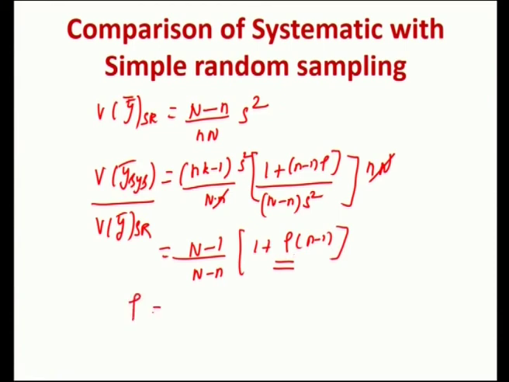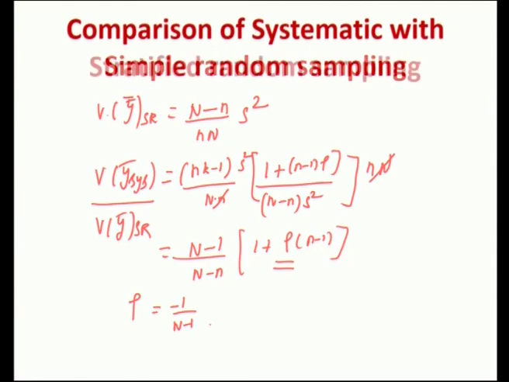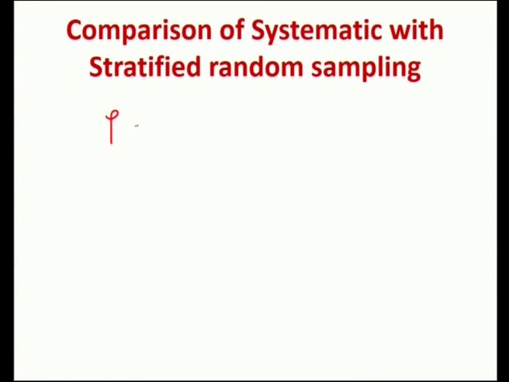If rho is equal to minus 1 by (n minus 1), then the two methods give estimates of equal precision. If rho is less than minus 1 by (n minus 1), the estimate by systematic sampling is more precise than the other method.